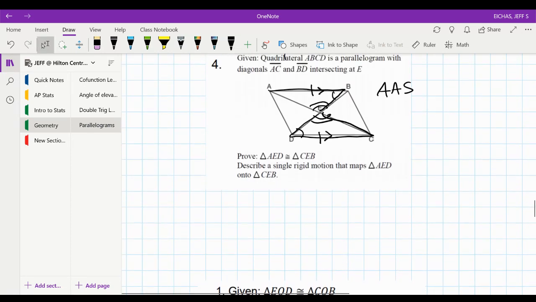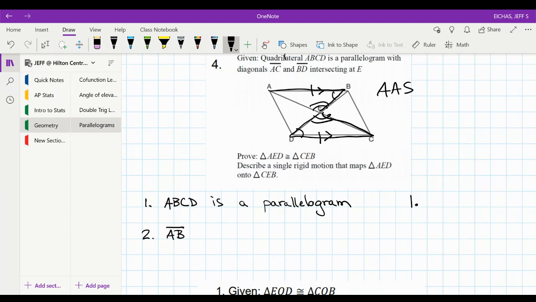All right, so here goes. So first, I will start with ABCD as a parallelogram. And you can say that's because it is given. Okay, for me, second statement, I'm going to use properties of parallelogram.